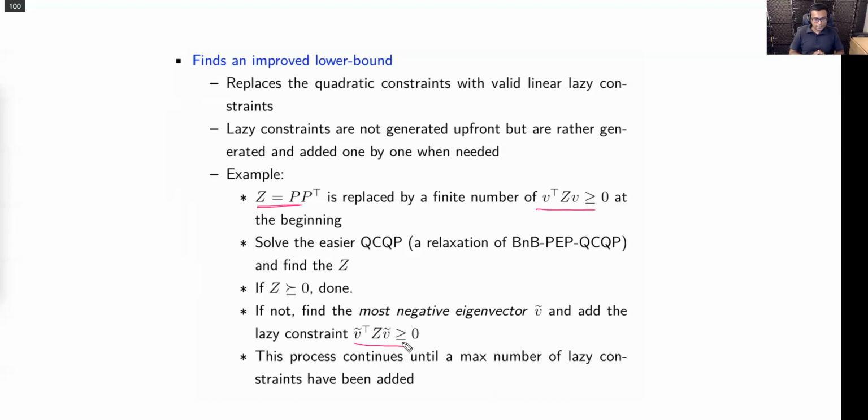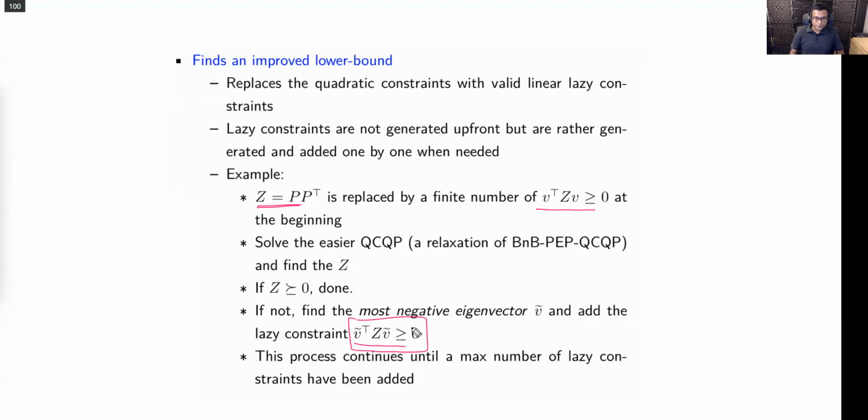And as a result, at the node of the branch and bound tree, using dual simplex, we can compute the new solution corresponding to just this constraint very easily, without spending too much time on new iterations. This process will continue until a max number of lazy constraints has been reached. In our example, the total number of lazy constraints we add, I think, is 10 to the power 6.